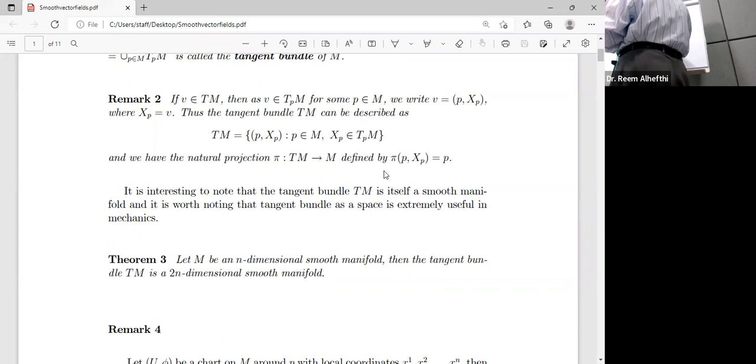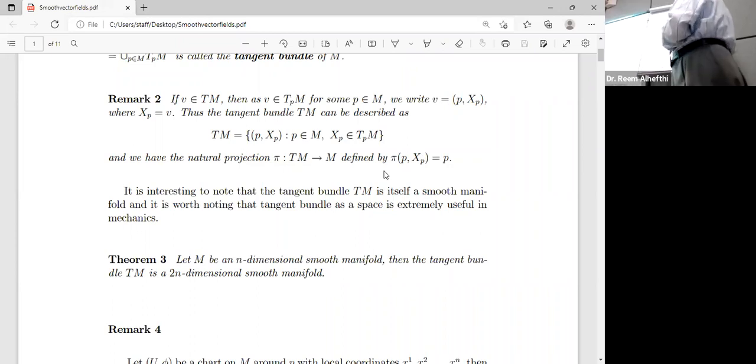So we take a chart U with local coordinates x1, ..., xn, M being an n-dimensional smooth manifold.